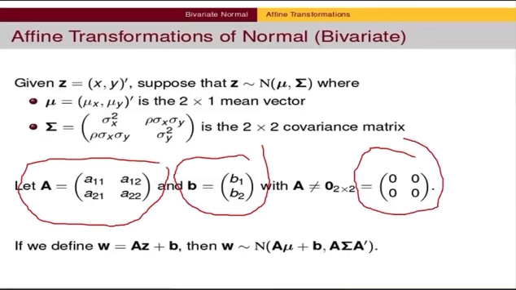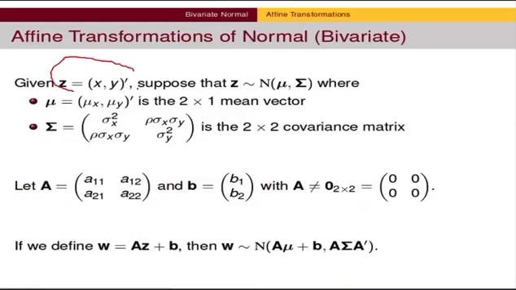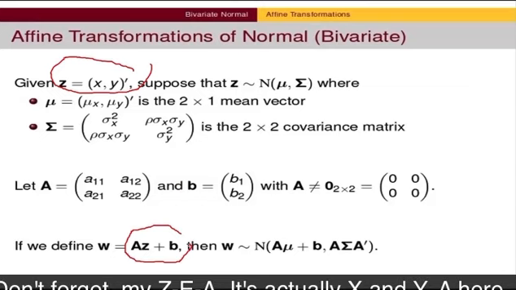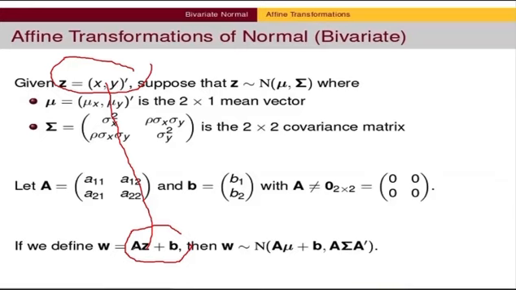Now, if I know that my Z is X and Y, two measurements, and I want to have a linear combination, please pay attention. I want to have a linear combination of two variables. Don't forget, my Z here is actually X and Y. Because I have two variables under Z, the constant matrix A should be 2 by 2.